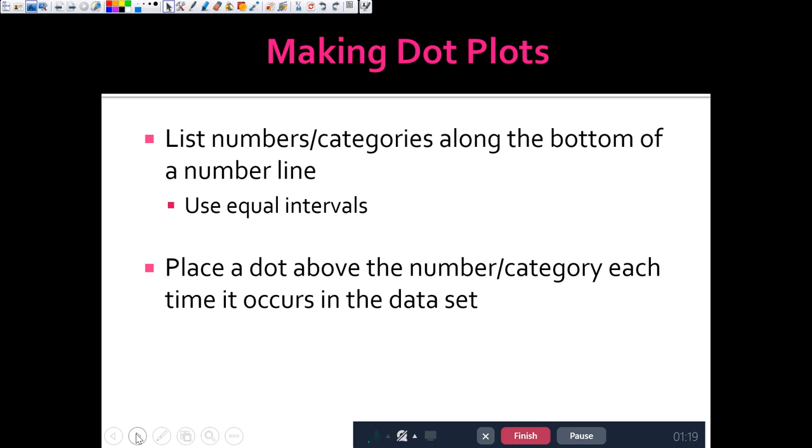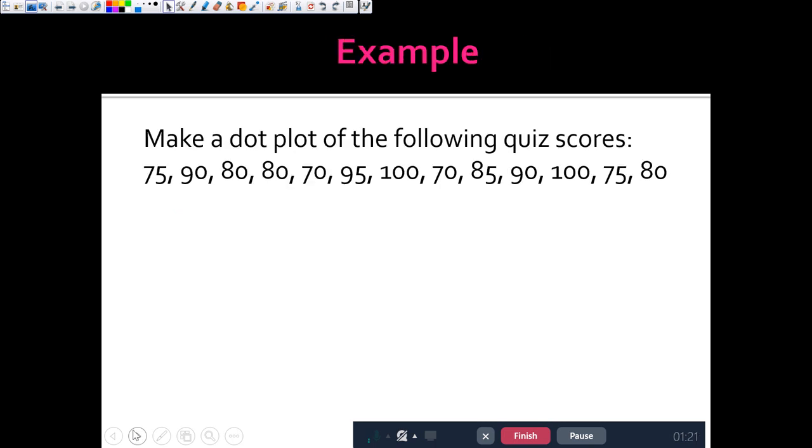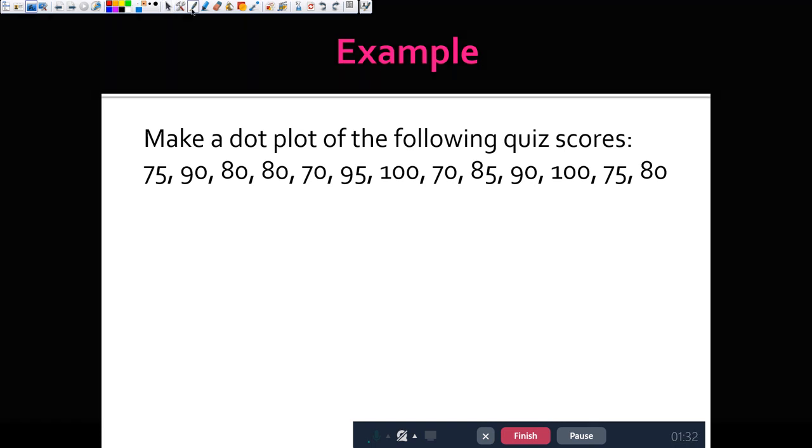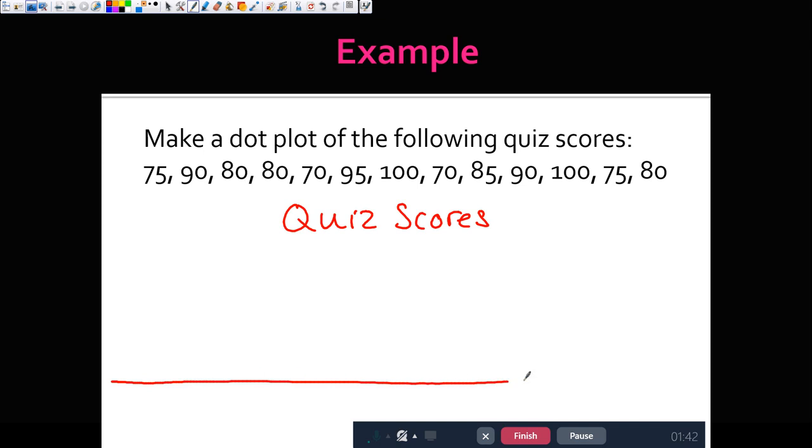All right. So here we have, make a dot plot of the following quiz scores. We need to make sure that we still include a title, so we're going to make our title Quiz Scores. Then we'll create a number line, and we want all data that's being represented.